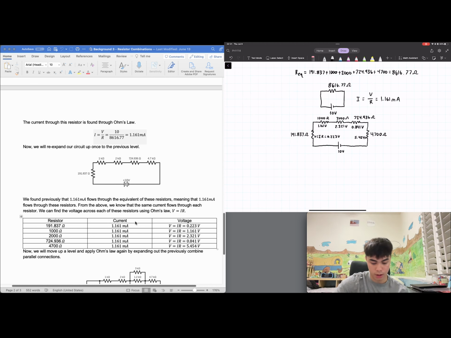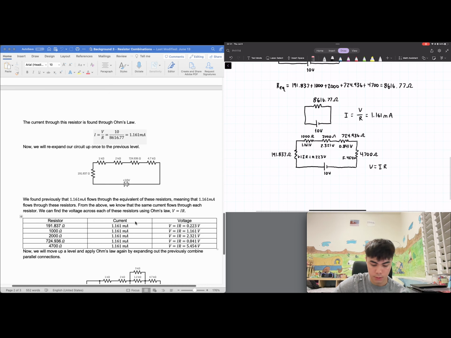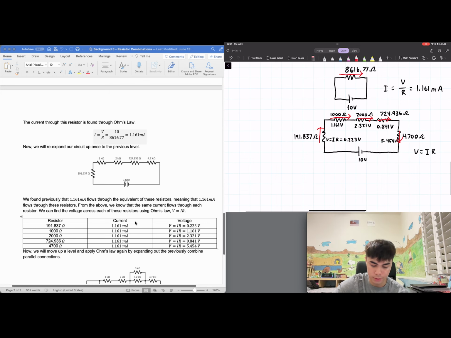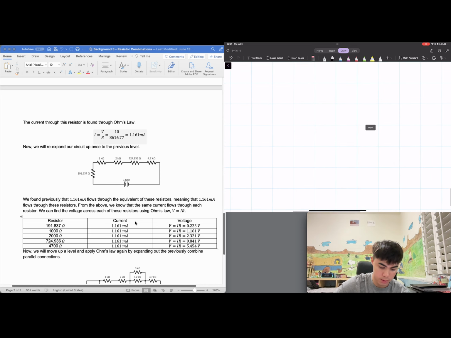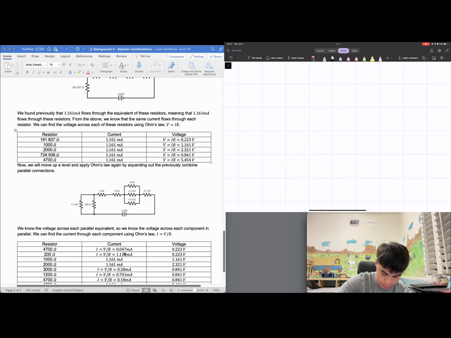I used Ohm's law on every single one of these, V equals IR, since we know the current through the circuit, and that is the same current through all of these. Now we will upgrade one more level, back to the original circuit.